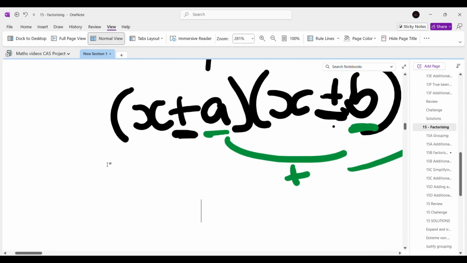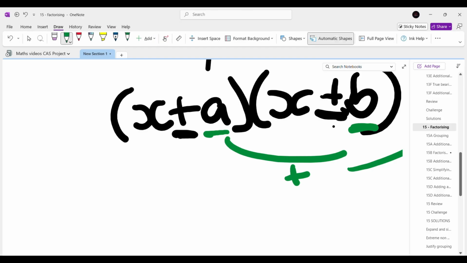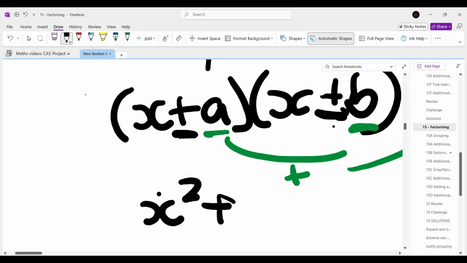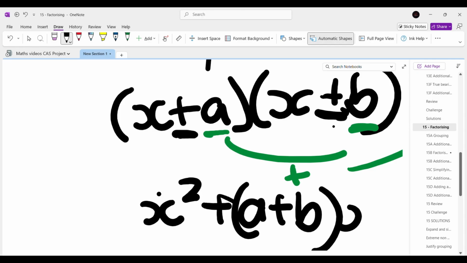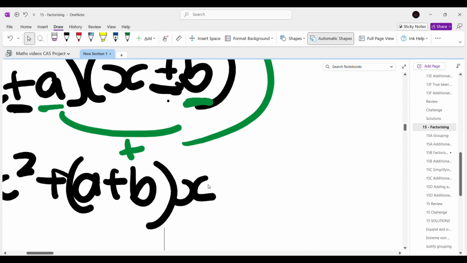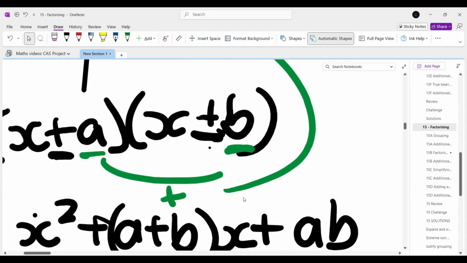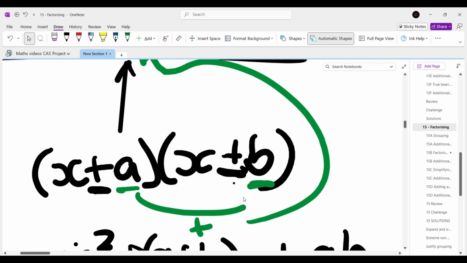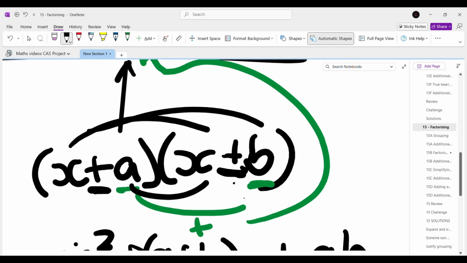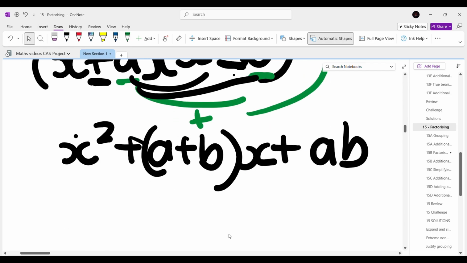So when we expand this equation in this form, we get x squared plus a plus b x, plus ab. If we go by your traditional expanding of the brackets, where you multiply this by this, and then you multiply this by this, you end up with this equation.